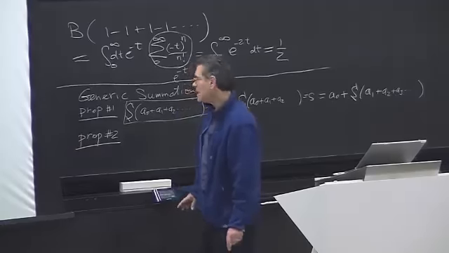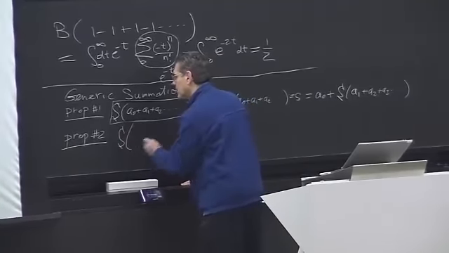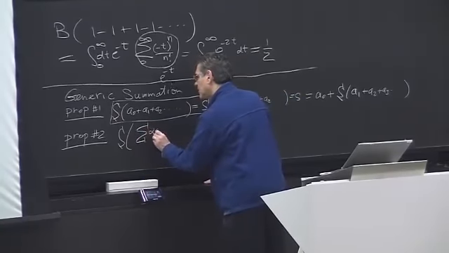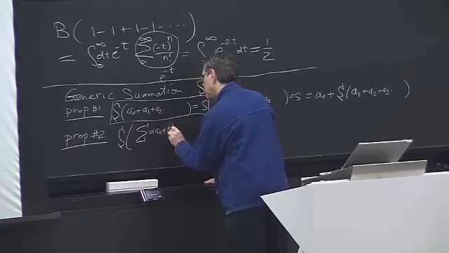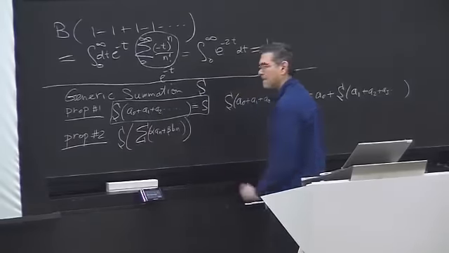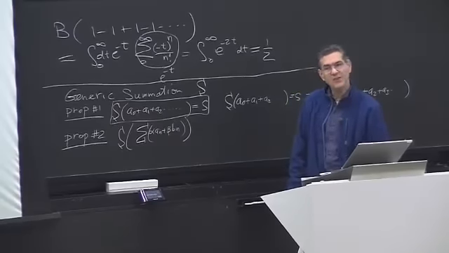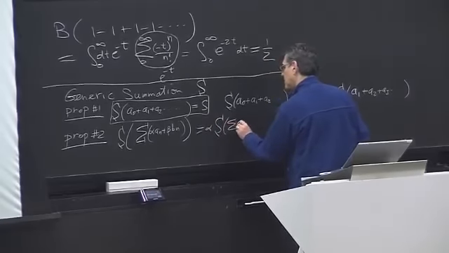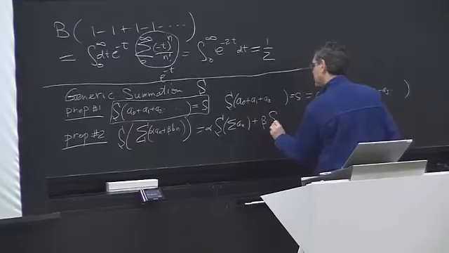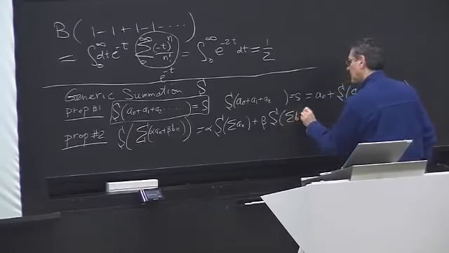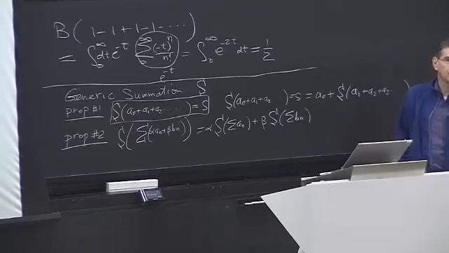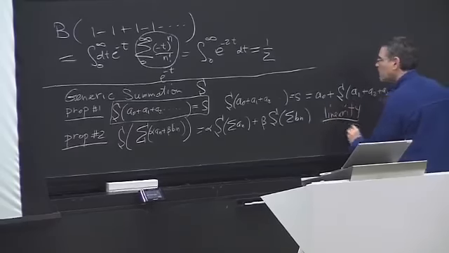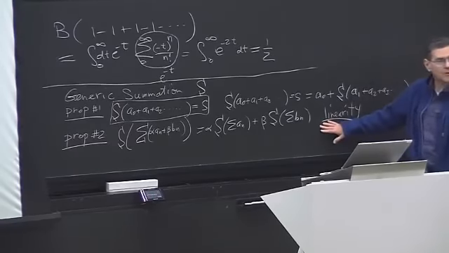So I would like it to be that if I calculate the sum of a series of the form alpha times a sub n plus beta times b sub n, this should be exactly the same as alpha times the sum of a sub n plus beta times the sum of b sub n. This is linearity. So I would like my summation machine to have a linearity property and a summation property.